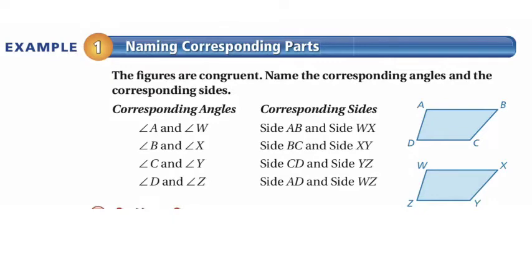Likewise with the sides, side AB on the first figure corresponds with side WX. Now notice, AB is listed, the first point is A, the second point is B. When we list side WX, we have to list them in the same order, W, then X. Then B and C correspond with X and Y. Side CD corresponds with side YZ.